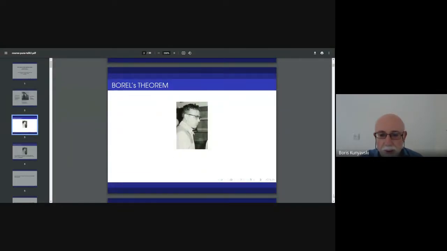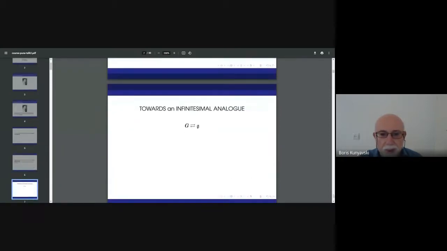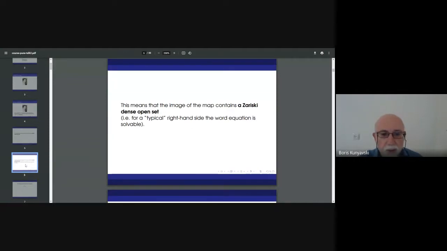Okay. So our main achievement, not really ours, but Armand Borel's, he proved the main theorem saying that if K is any field, G is a connected semi-simple algebraic group over K, and W is a non-trivial word, then the corresponding word map is dominant. And sorry, I'll remind you what this means.